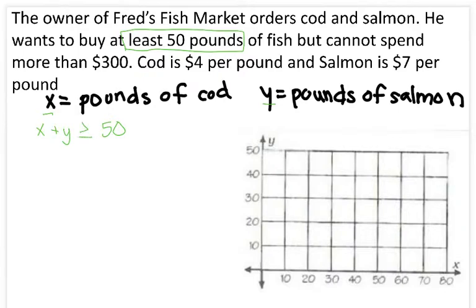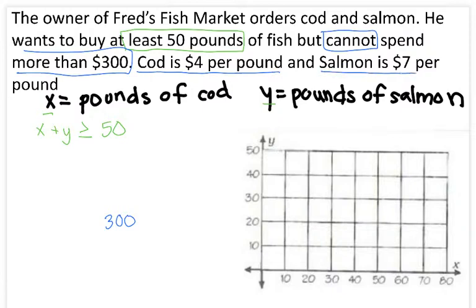Our next part of the problem, he cannot spend more than $300. So we're going to have an inequality that includes 300. And we know that cod is $4 per pound and salmon is $7 per pound. So x represents the pounds of cod.